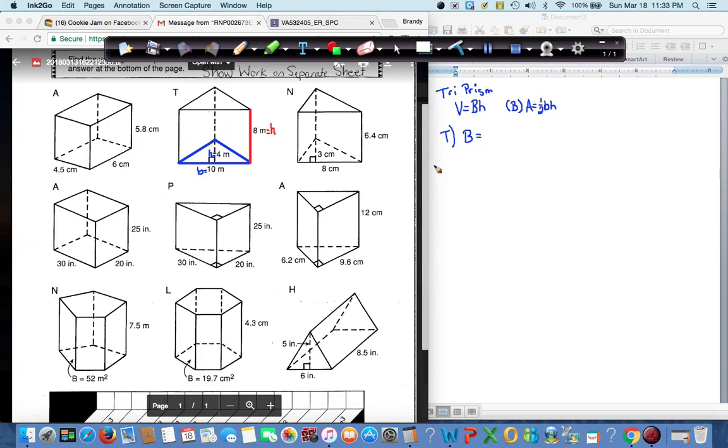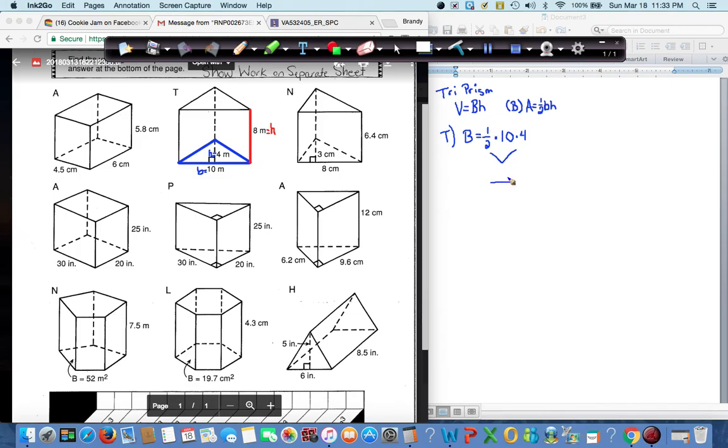Triangle is half. So we're going to say 1/2 times the base of the triangle, which is 10, times 4. So that's your big B. You're going to multiply all this together and get an answer.